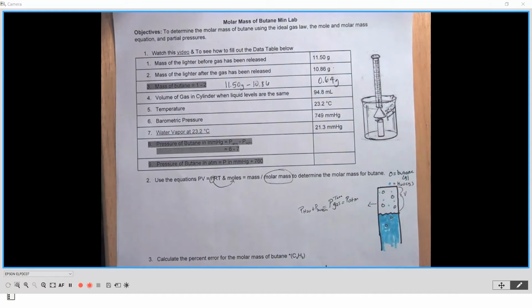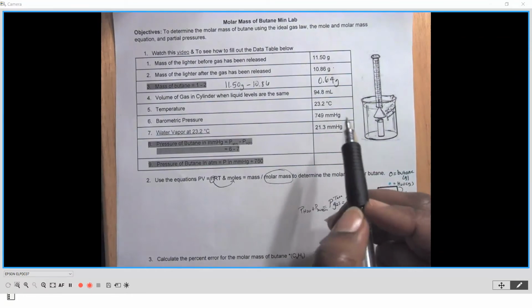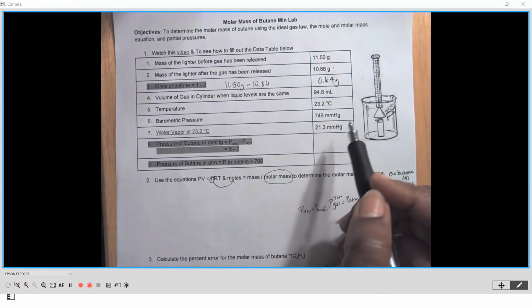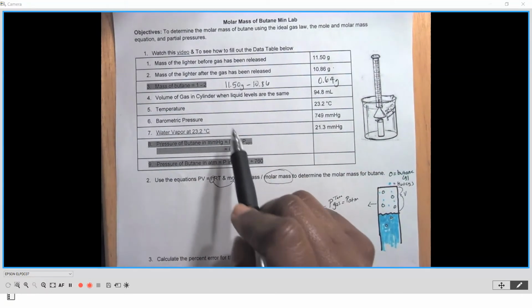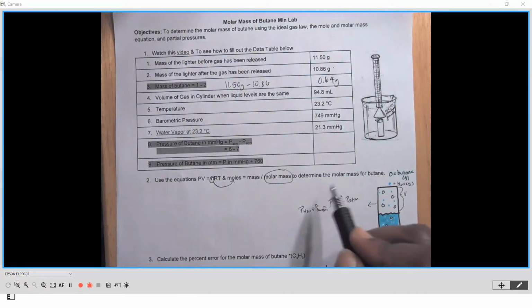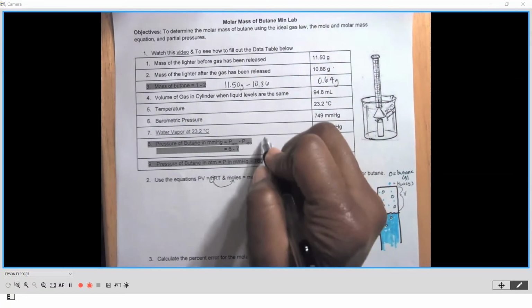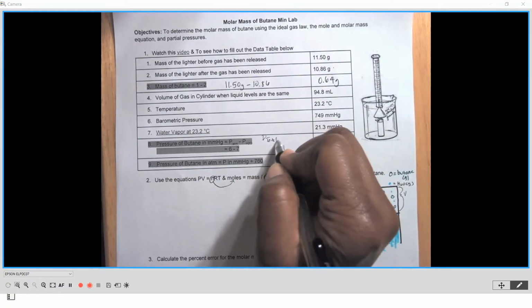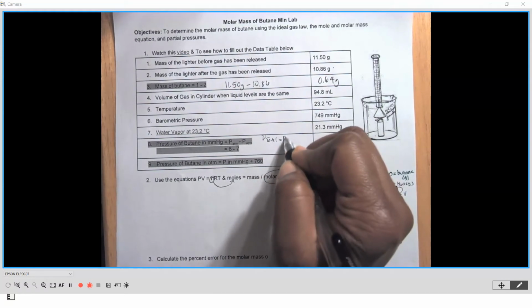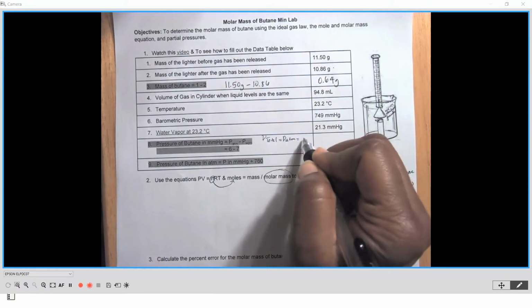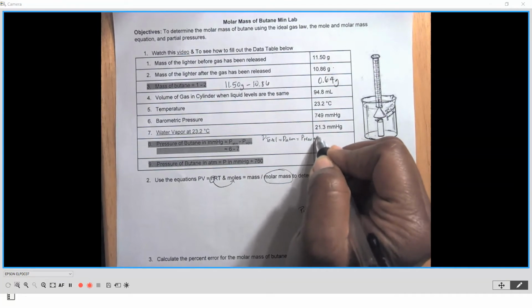Okay, the next thing we're going to do is calculate the pressure of the butane gas. So remember, for that we're going to use P total, which is the atmospheric pressure, is equal to the pressure of the water plus the pressure of the butane.